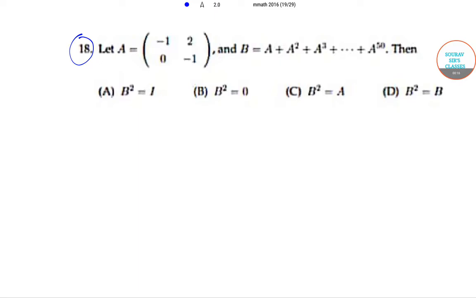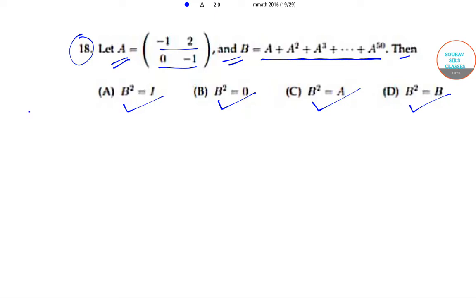In question number 18 it has been said that if A is the matrix [-1, 2; 0, -1], and if B is the matrix A plus A square plus A cube up till A50, then the options are that B square is equal to I, B square is equal to 0, B square is equal to A, or B square is equal to B. These are the options that we have been given. So as you can see, we need to find out the value of B square.